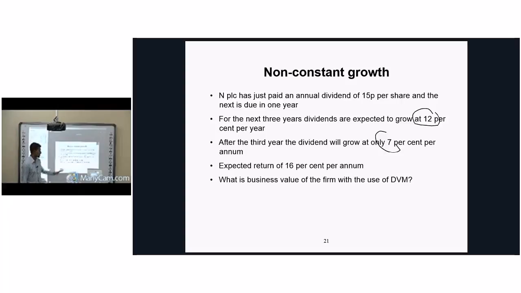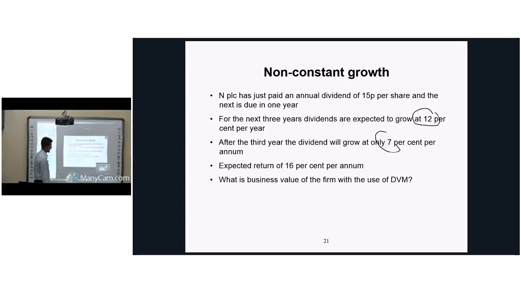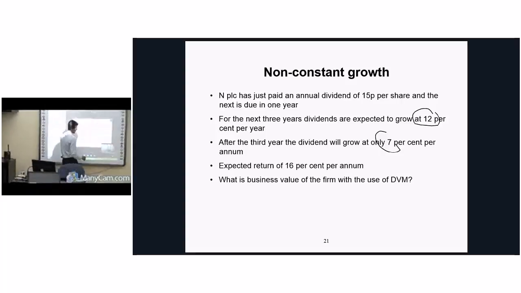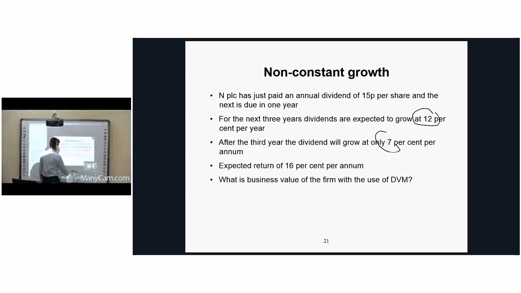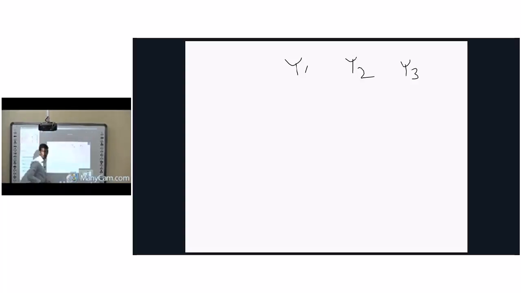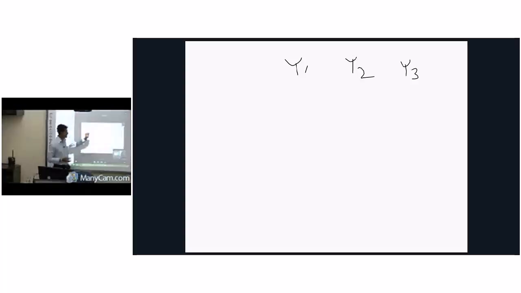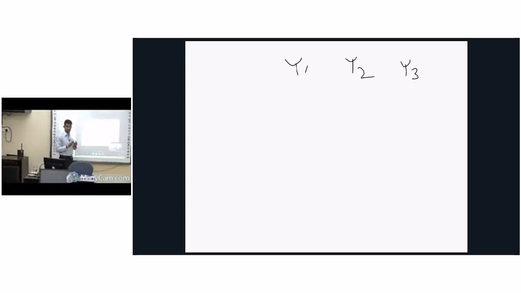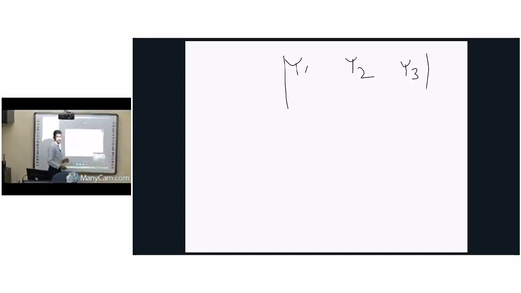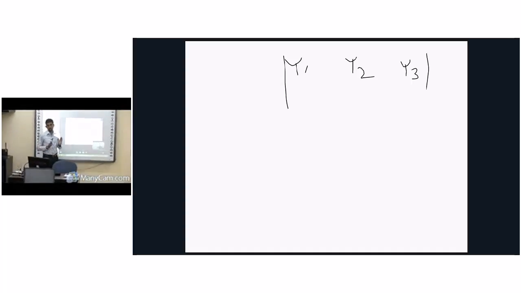That's what we call the supernormal growth rate, and then a constant growth rate. So we can calculate for year 1 the expected dividend. For year 2 and year 3 we can calculate separately and discount each individually to arrive at the present value of those cash flows only, because they are non-constant growth.